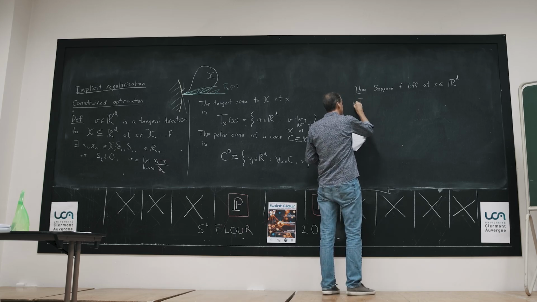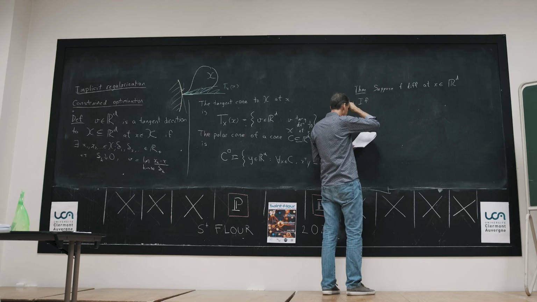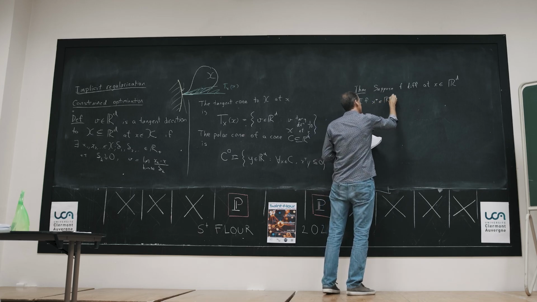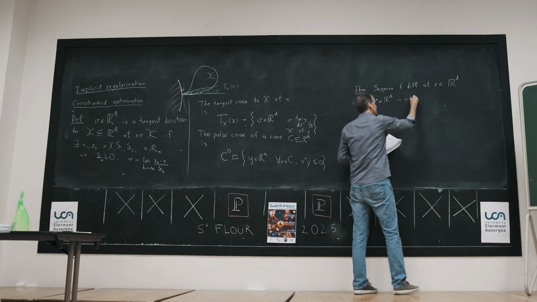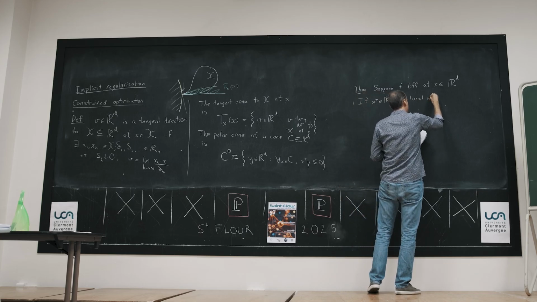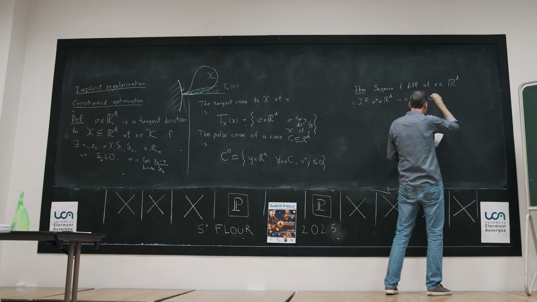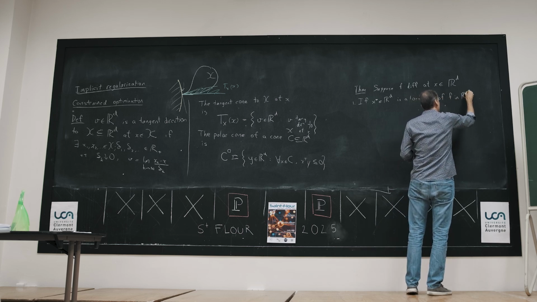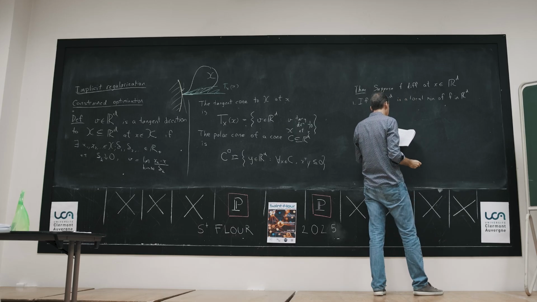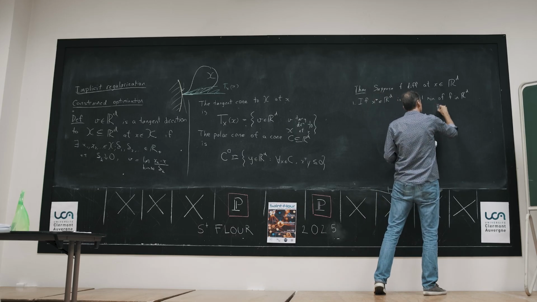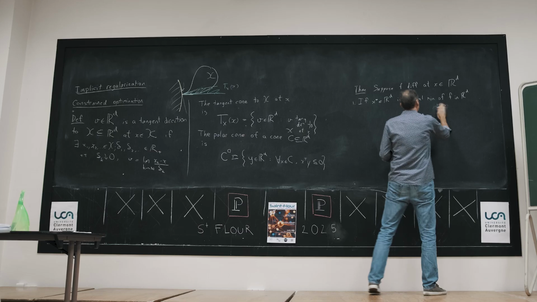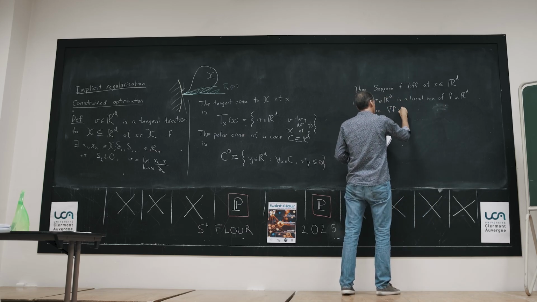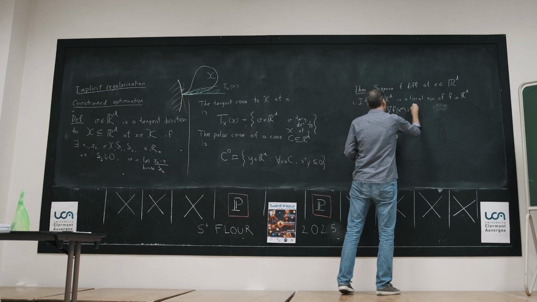If x star is a local min of f in R^d, then grad f is 0.